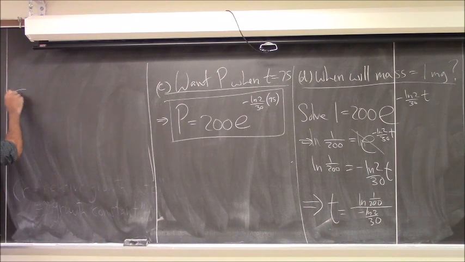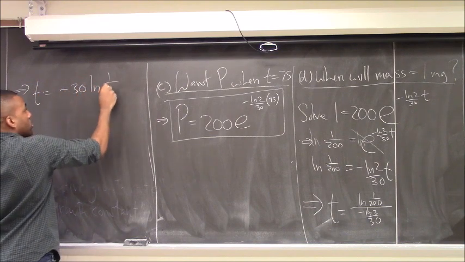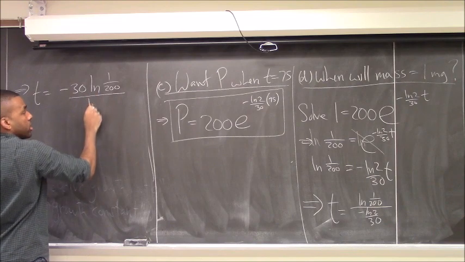Bring the 30 up, right? You can bring the 30 up because that's just a fraction. So your t is going to be minus 30 ln 1 over 200 over ln of 2.